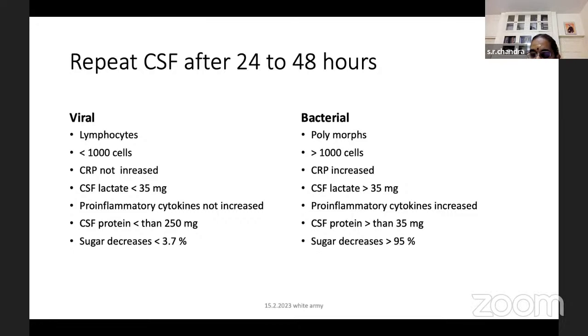So was repeat CSF ordered by the senior resident correct or not? It is correct, because in the acute phase we had confusion whether it is viral or bacterial, so by repeating the CSF, we can get more inference. But in our given case, I said that it became traumatic. So there you have to apply the RBC WBC ratio in the blood to find out the number of cells in the CSF.